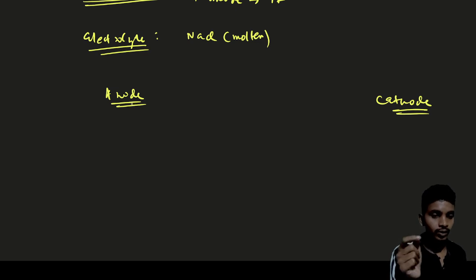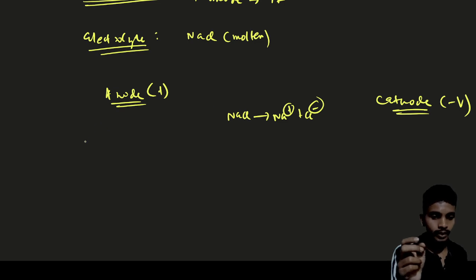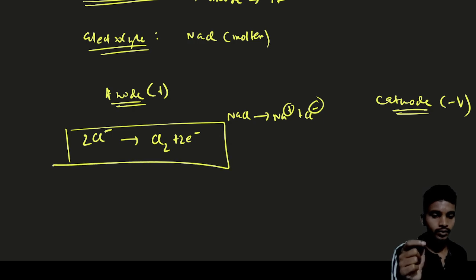The anode is positive, the cathode is negative here. NaCl dissociates into Na plus and Cl minus. Cl minus will come to the anode, losing an electron, and since Cl2 exists, 2Cl minus gives Cl2 plus 2 electrons. This is at the anode.